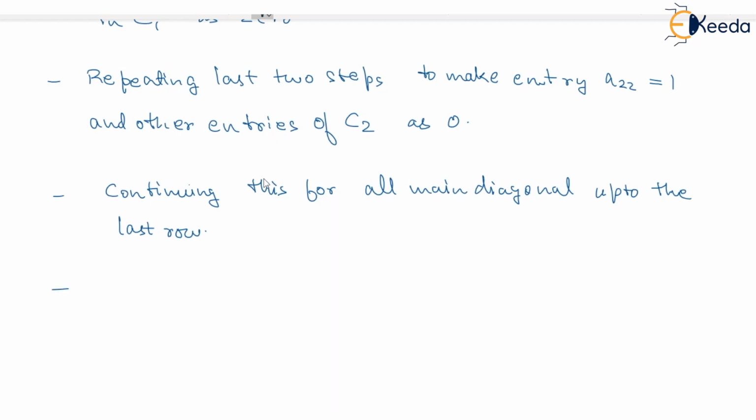And at the end, the form we will receive will be known as reduced row echelon form. So now from the reduced row echelon form, we can find the solutions.